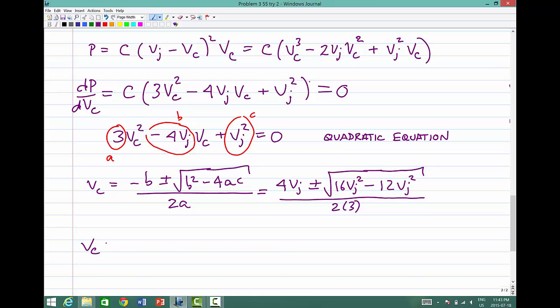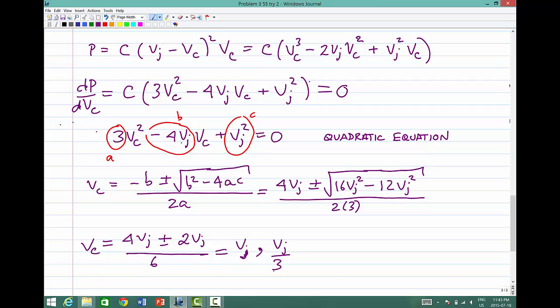And that gives Vc, the cart velocity that either minimizes or maximizes the power, equal to 4Vj plus or minus the square root of 16 minus 12, which is 4, so 4 Vj squared. So this is going to be 2Vj over 6. And so when we do the plus, we get 6Vj over 6, so that's Vj. And when we do the minus, we get 2Vj over 6, which is Vj over 3.